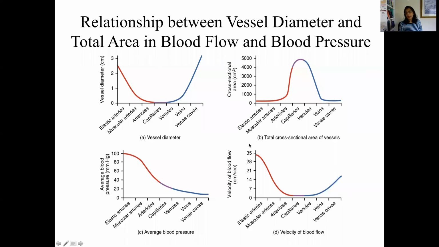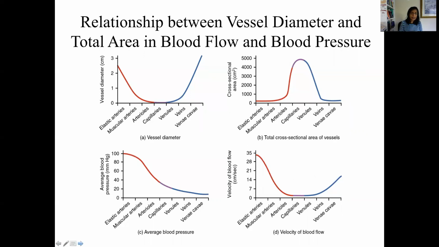So just to summarize, the speed with which blood flows is faster in the arteries because of the higher pressure, and then moves slowly through the capillaries and begins to move a little faster than in the capillaries, but not as fast as in the arteries.